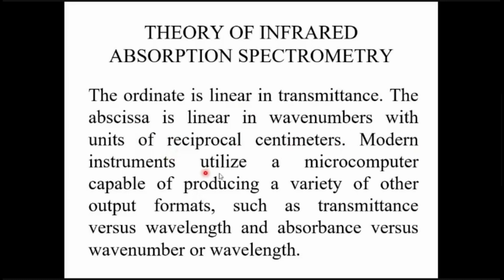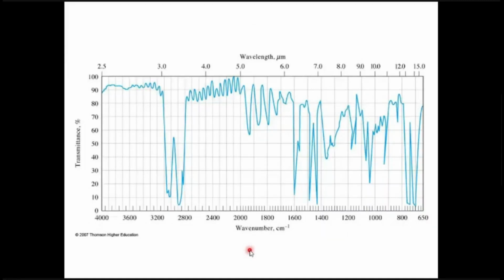Modern instruments utilize microcomputers capable of producing a variety of other output formats, such as transmittance versus wavelength, absorbance versus wavelength, or wave number. So basically, different forms of expressing wave number and wavelength can be on the x-axis, and different forms of transmittance can be on the y-axis.